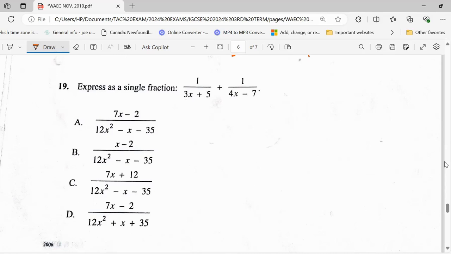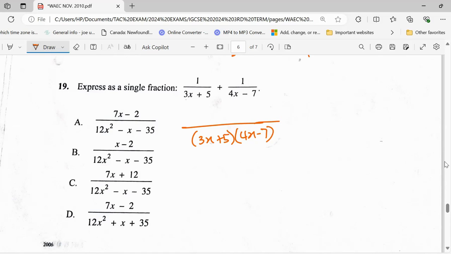Now here, we want to express this as a single fraction. What we do here now is take the product of their denominators. When you divide the whole of this by this part, this part will be left.